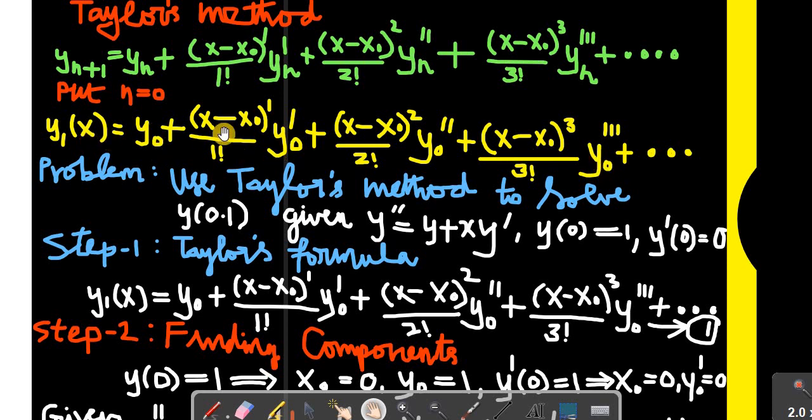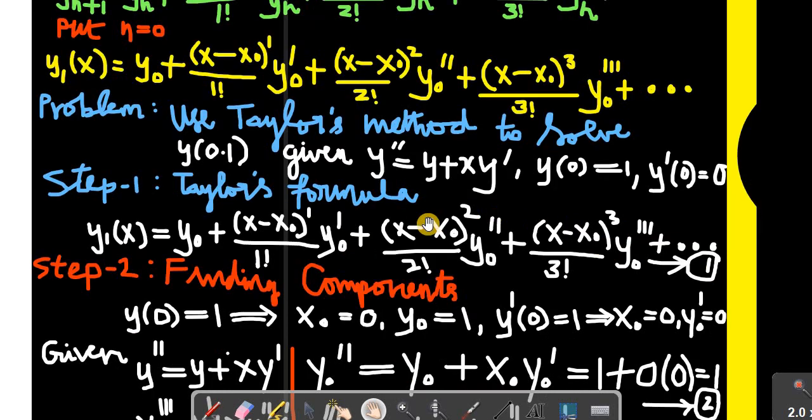So we need to recall this formula, and then from the given problem, the initial condition will be given. From the initial condition we get x0 and y0. So x0, y0 we can find out.